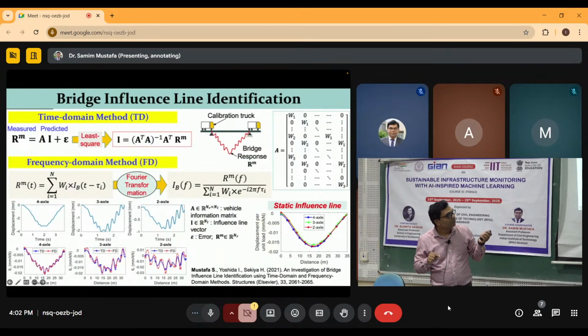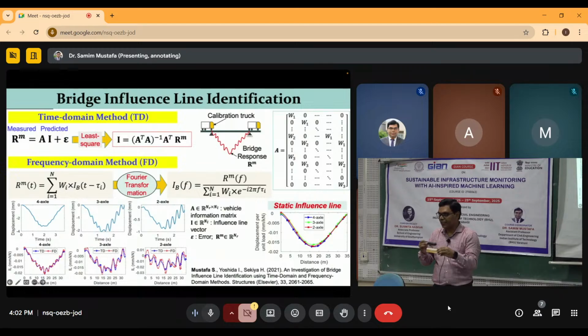What is that? First there is an entry of the first axle. W1 is the first axle weight, so you see in that row there is only the first axle weight. Then there is an entry of the first axle weight moving slightly further like this, so you see W1 is moving across. Then there is an entry of the second axle weight after a certain point, then the entry of the third axle weight.